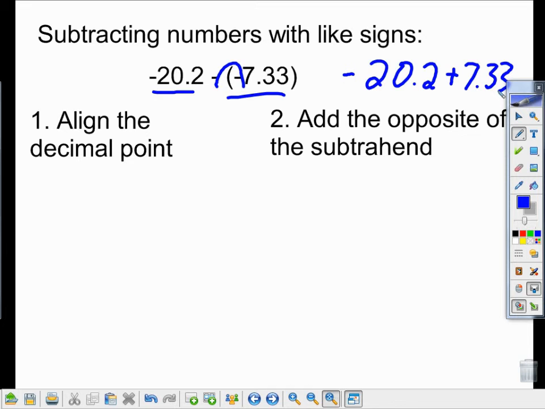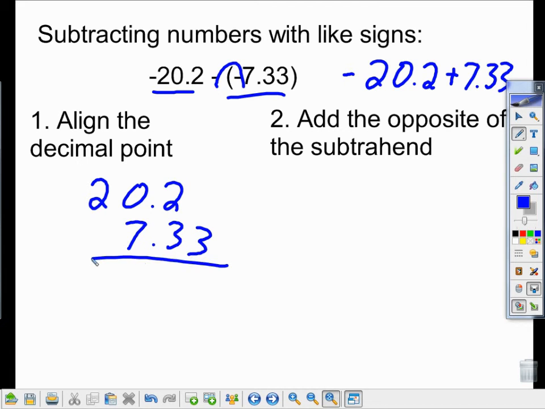Make sure you align the decimal point here. 20.2, 7.33, minus, we're going to end up doing some borrowing. This turns into 19, this turns into 11, this turns into 10, 7, 8, 12, 12.87.